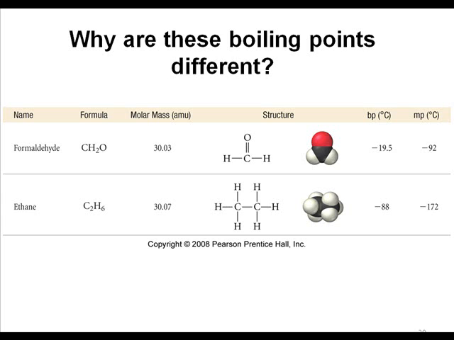Ethane, on the other hand, which is nonpolar, has only the London dispersion forces or instantaneous dipoles. They're not held together very well, and so it's relatively easy to make them go to a boiling point. Or look at the melting points and compare those. So that's the difference in the strength of the interaction between molecules: ethane, which is nonpolar, and formaldehyde, which is polar.